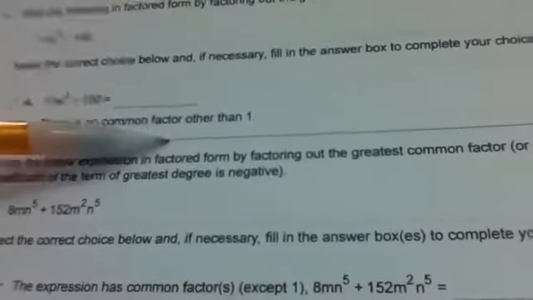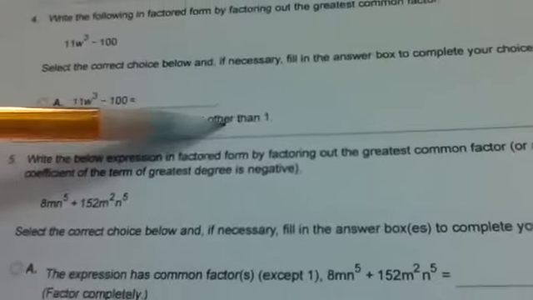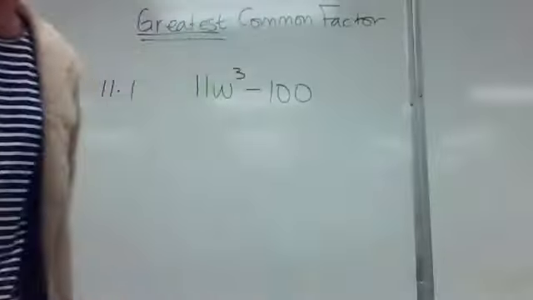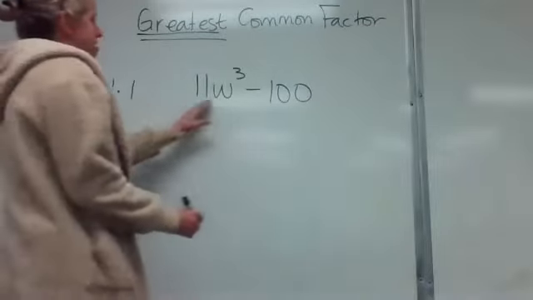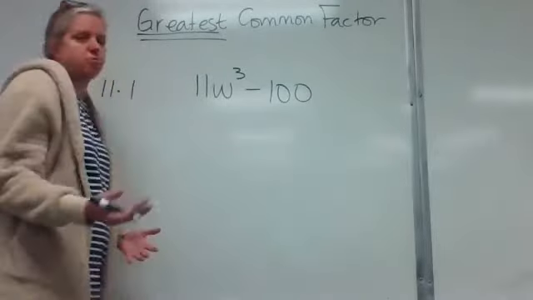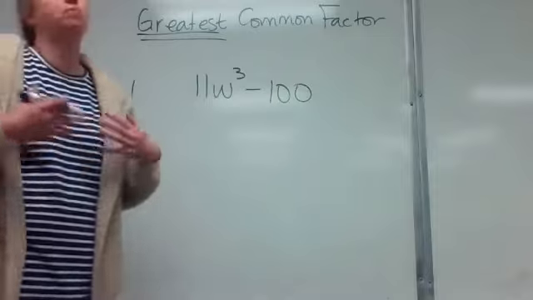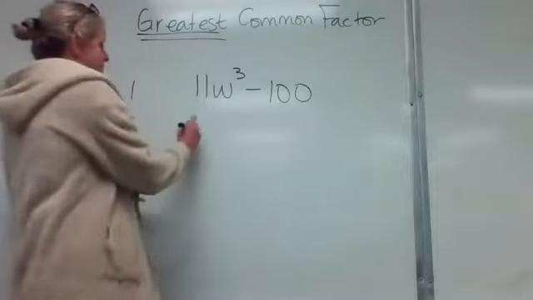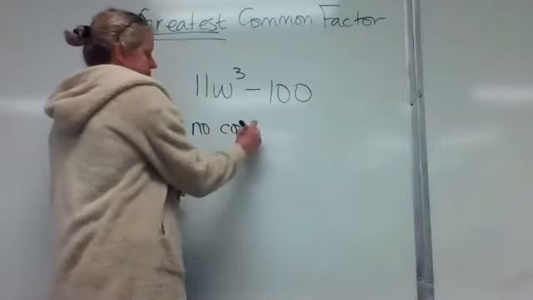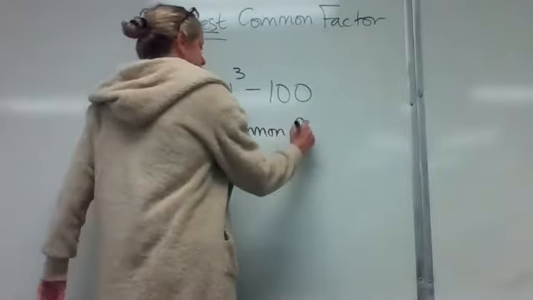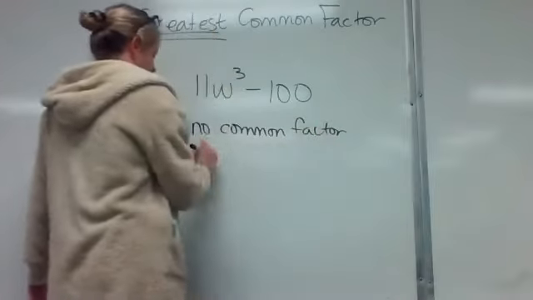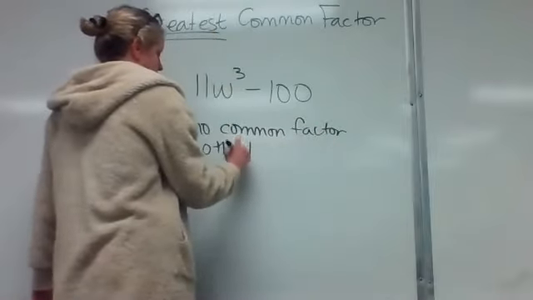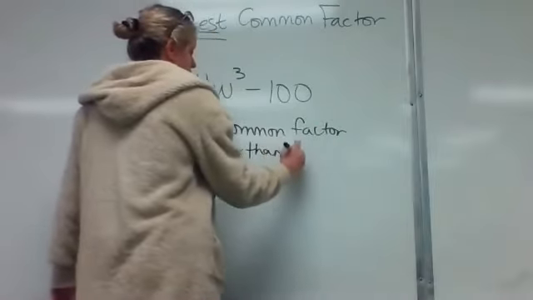There is no common factor other than that 1, right? 1's in common with everybody, but it doesn't help you in this kind of case. So this one, a lot of times you hear people call it prime. Okay? There is just no common factor other than 1.